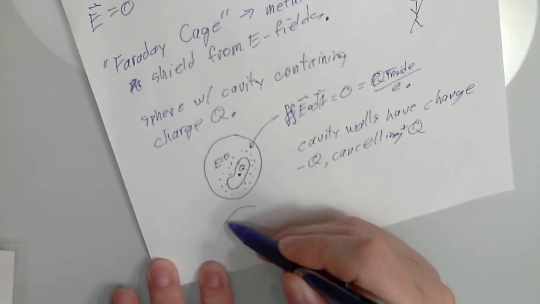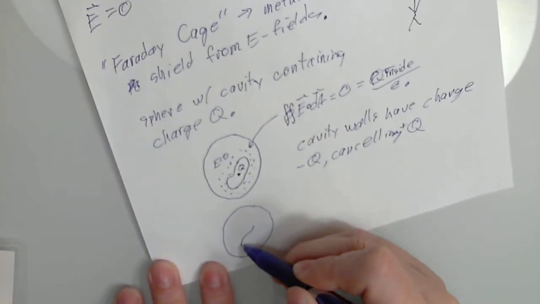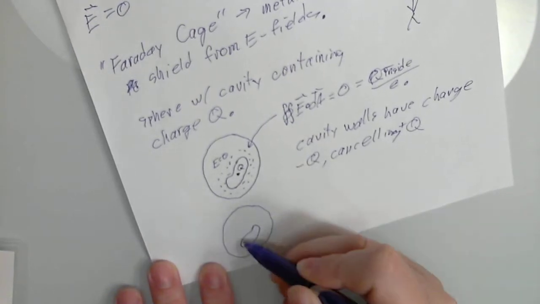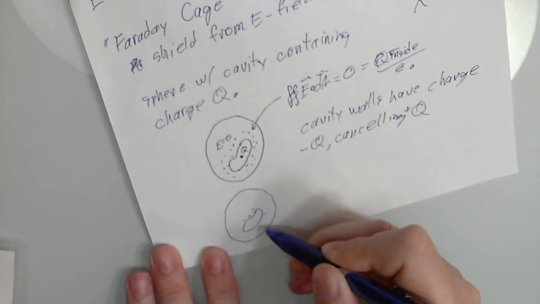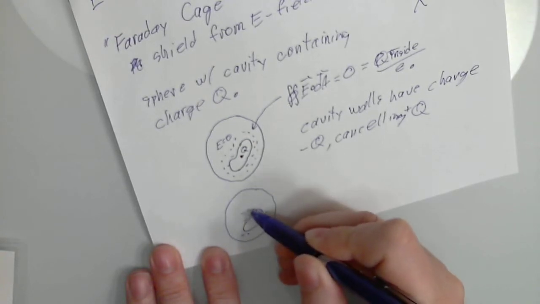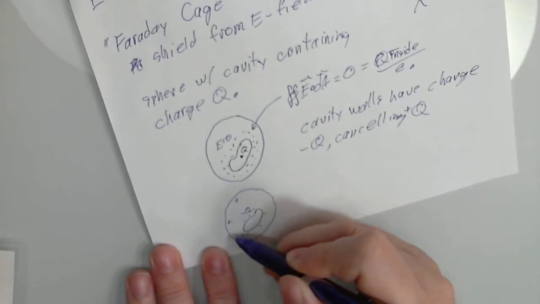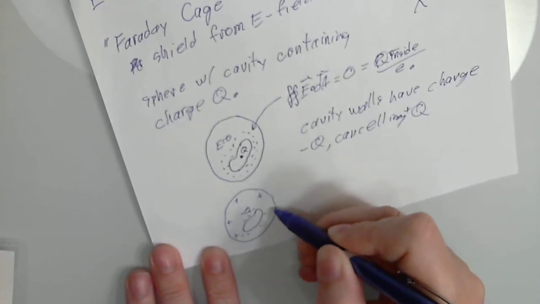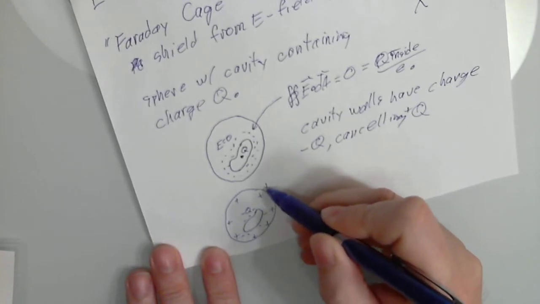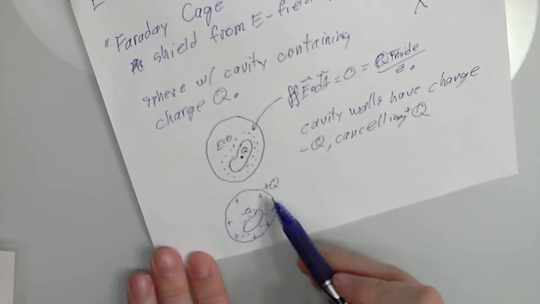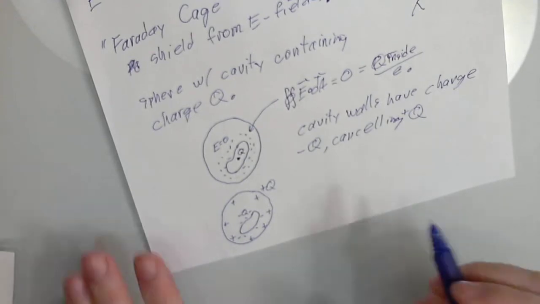And so the cavity has a bunch of negative charges on the inside, amounting to negative Q, and a bunch of positive charges on the outside, amounting to positive Q, such that overall the conductor has equal amounts of positive and negative charges.